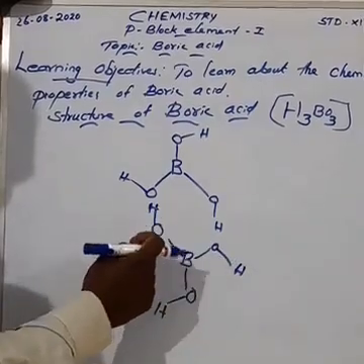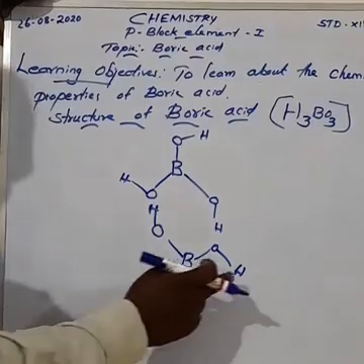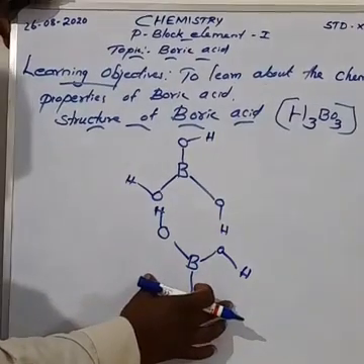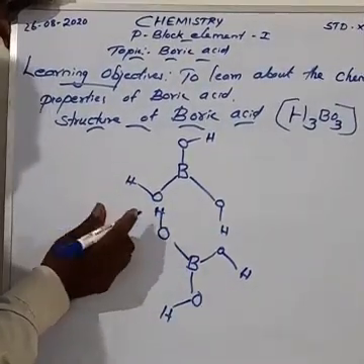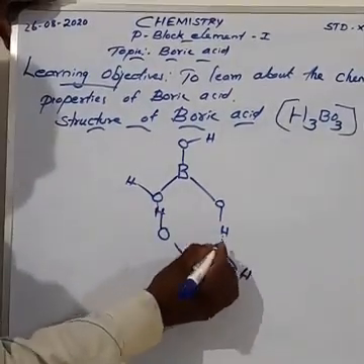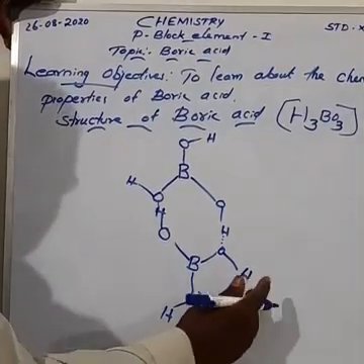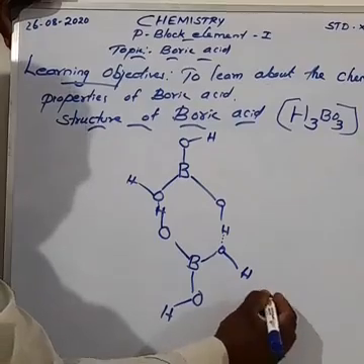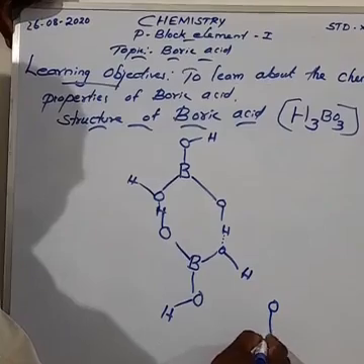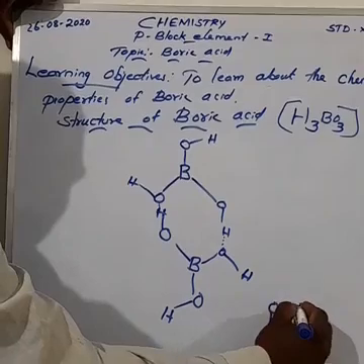Boron is surrounded by 3 oxygen atoms. And also having hydrogen. This is the first molecule of boric acid. This is the second molecule of boric acid. In between the 2 molecules, we have a weak bond. Next boric acid. Started with this hydrogen. Oxygen first. Boron, oxygen. Here I have hydrogen.